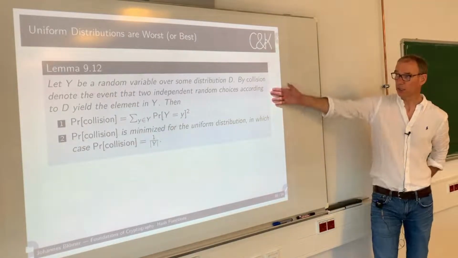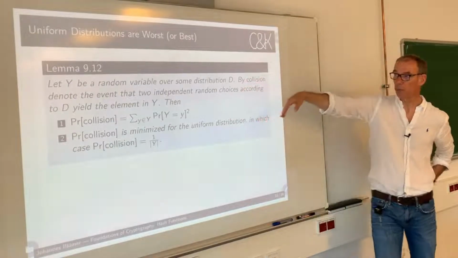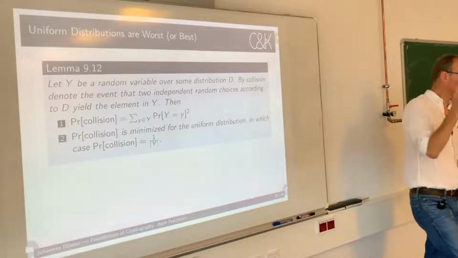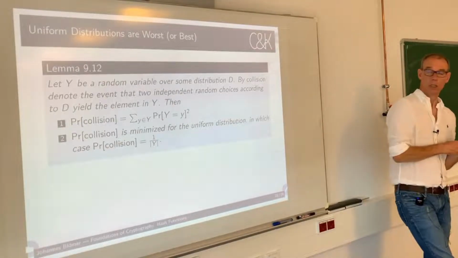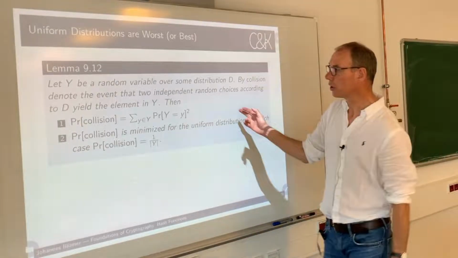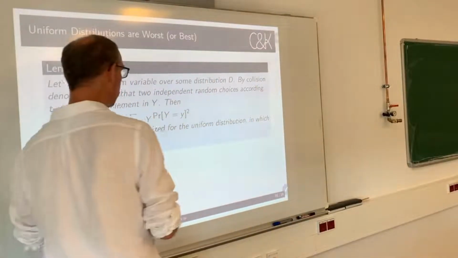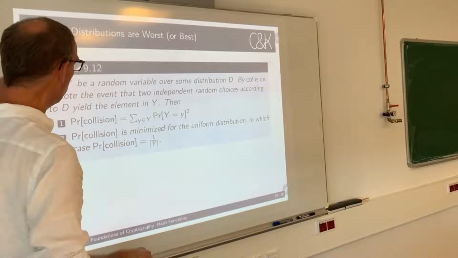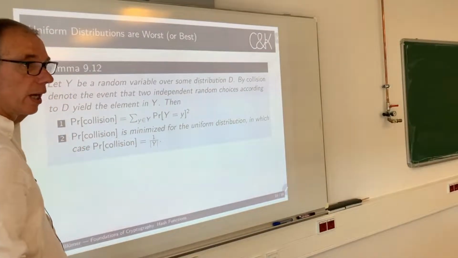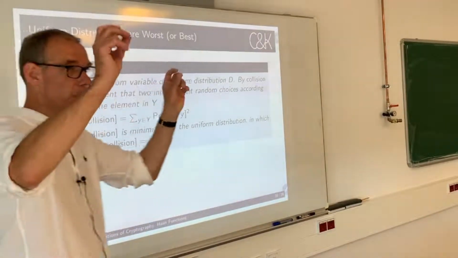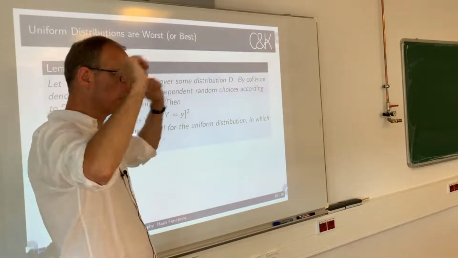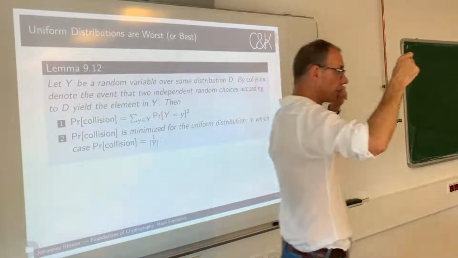And here's the justification. Let y be a random variable over some distribution D. And by collision we denote the event that two independent random choices according to D yield the identical element in Y. So you sample two elements according to the distribution D and check whether you find a collision.